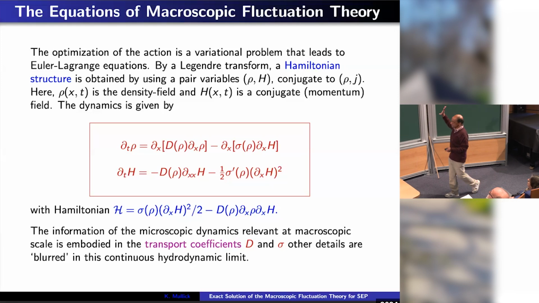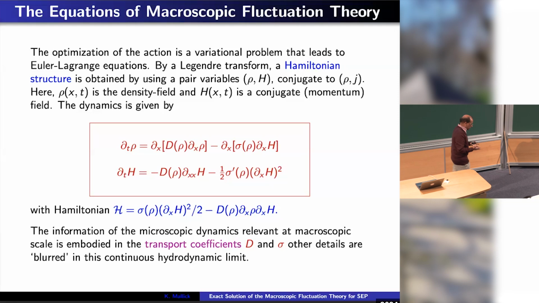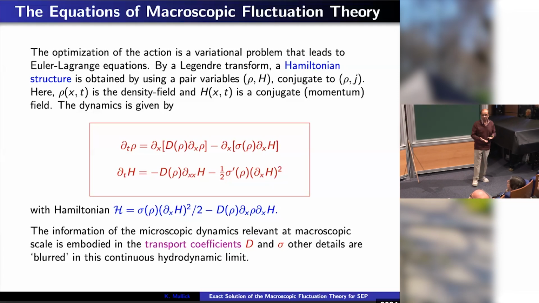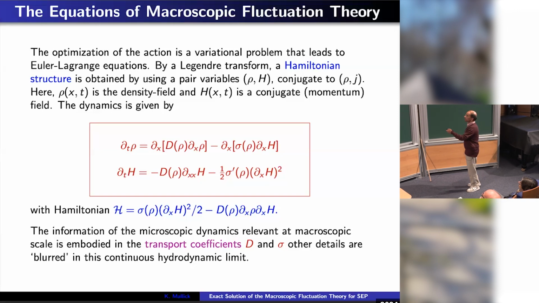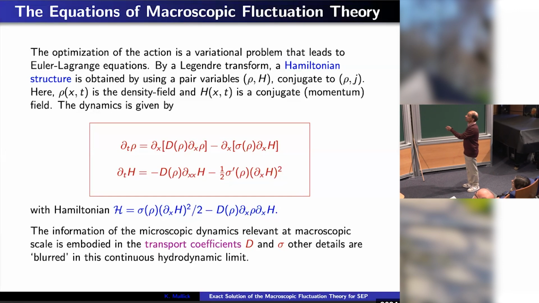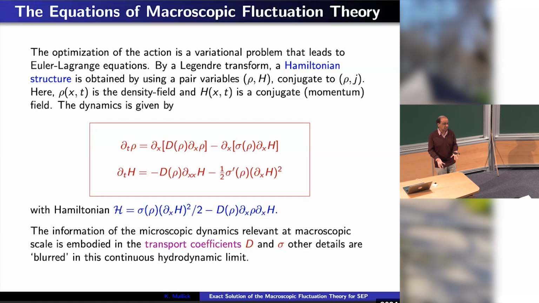So that's a very general system, which supposedly encompasses any diffusive non-equilibrium system. And this is a macroscopic system already. I'm not talking about microscopic structure anymore. But the only information from microscopics comes from this diffusion coefficient D and the conductivity sigma. And for this diffusion coefficient and sigma, I have no choice but to extract them from the microscopic level.